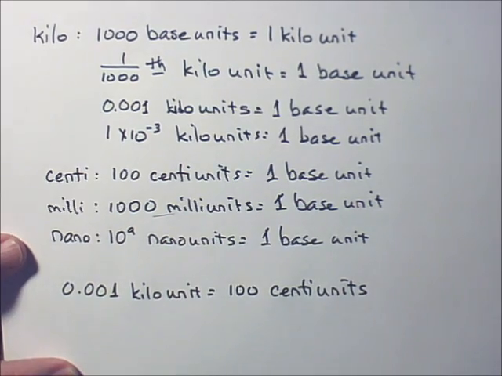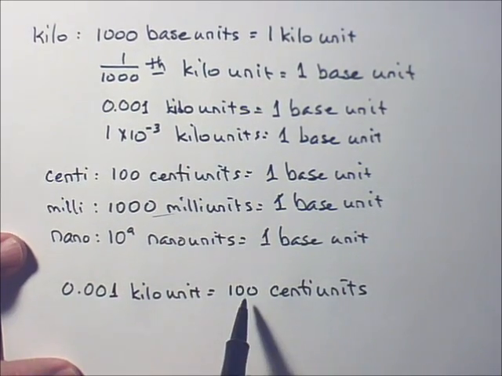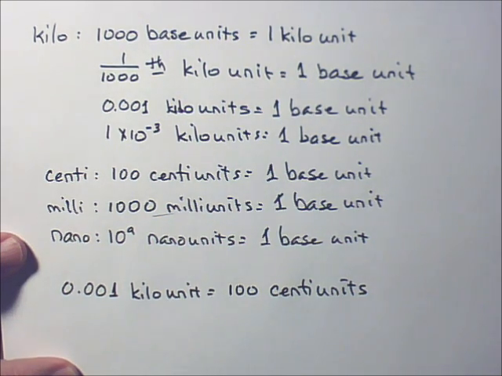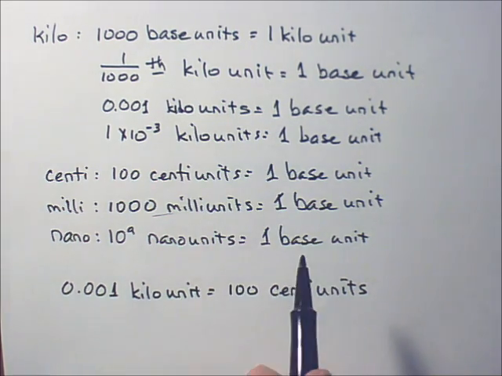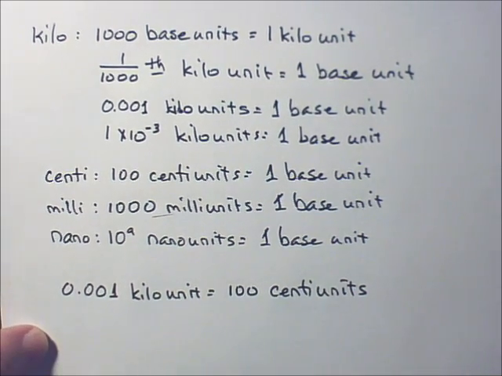But let's simplify it. How can we get this side or this side to be just simply 1? What can we multiply or divide both sides by to get one side or the other equal to 1?